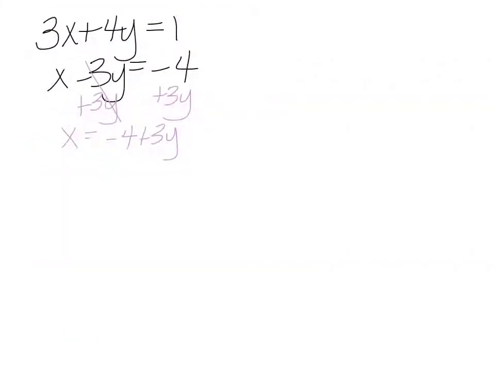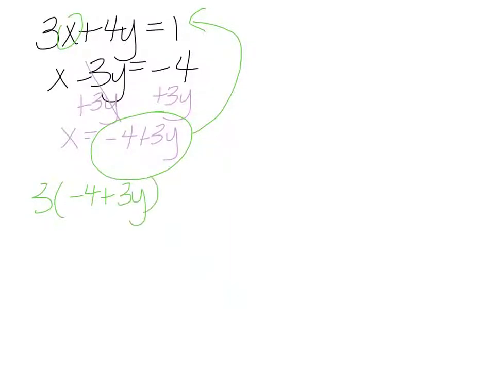Okay, so that was our first step, isolating a variable. What are we going to do with that? Plug it into the x where? In the top. Okay, we're going to go back to that top equation and we're going to substitute into x because we isolated x. So we're going to say 3 times -4 plus 3y plus 4y equals 1.